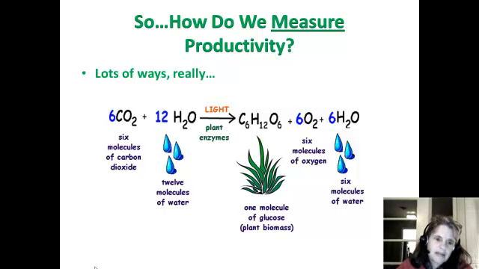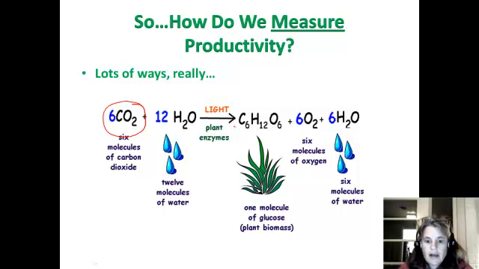So, how exactly do we measure productivity? Well, because there's kind of lots of stuff happening in this photosynthetic equation, we could have lots of ways we could measure productivity. We could measure how much carbon dioxide is being used up over time.